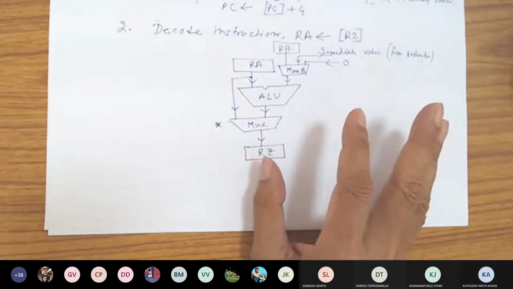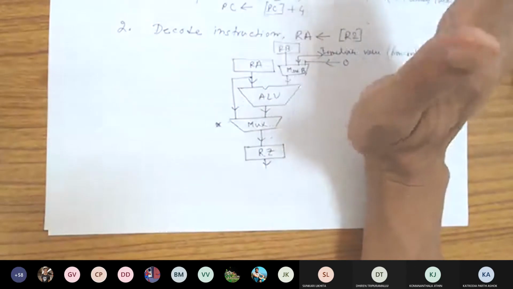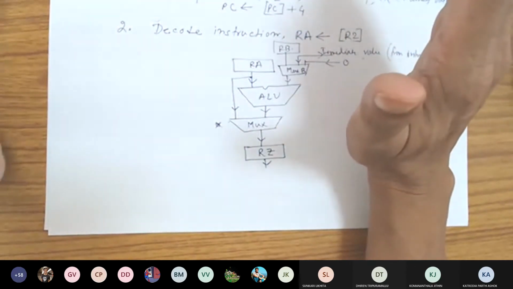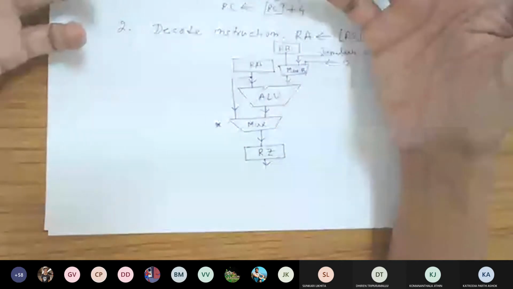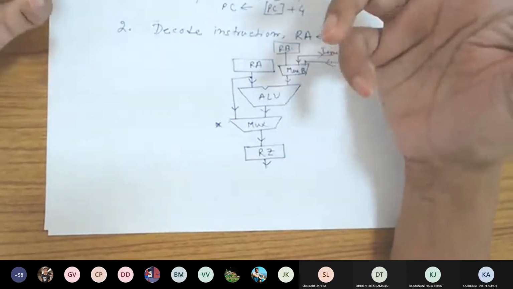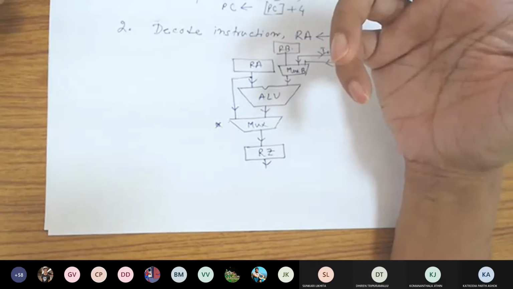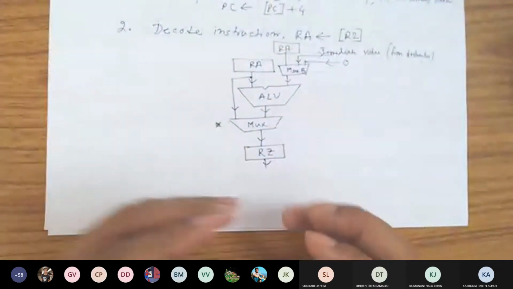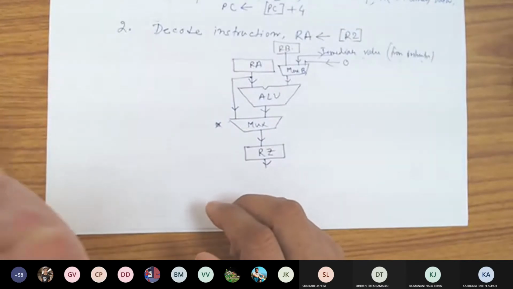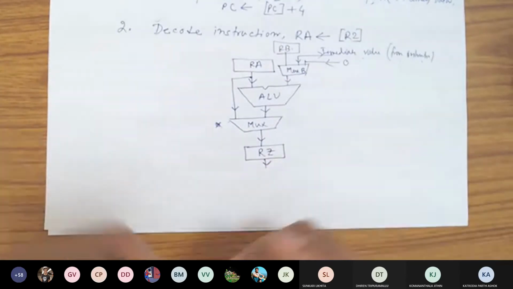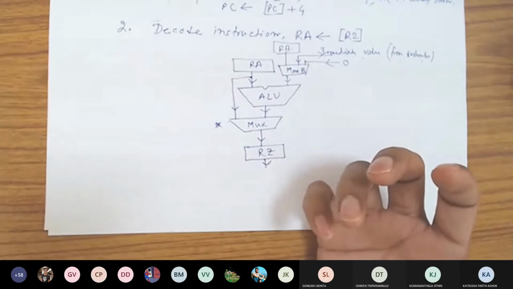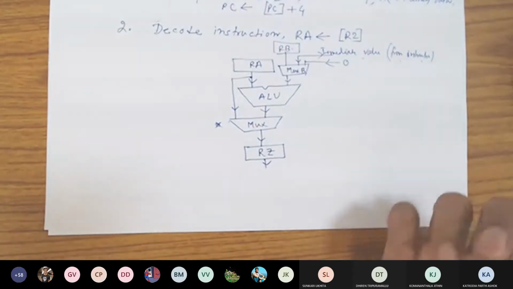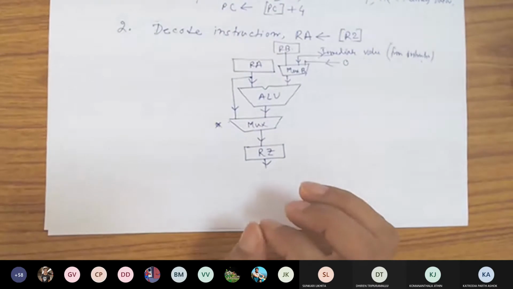As I already told you, you need to understand the concept, because in the examinations you will get questions like this, not a direct question. That's why it's very important you attend the classes. I will not ask you straight away to design the 5-stage pipeline and tell me how it works. I will definitely ask for something which is new. If you understand the concept, it will be very easy for you to answer. If you don't understand, then it will be very difficult. So that's why it is very important you attend the class.